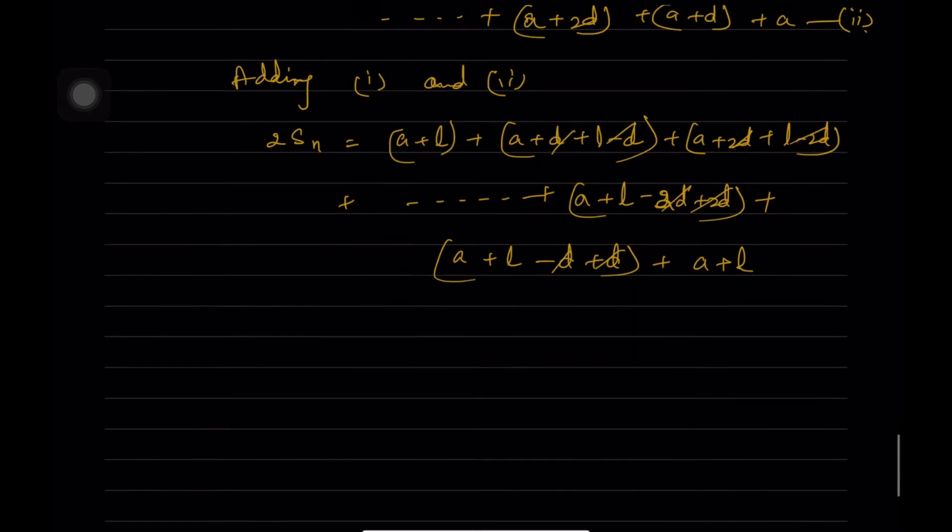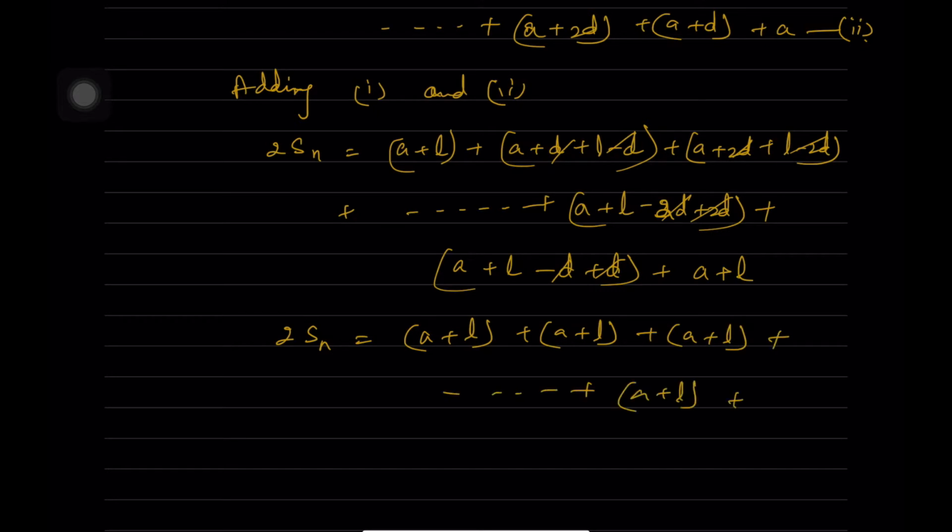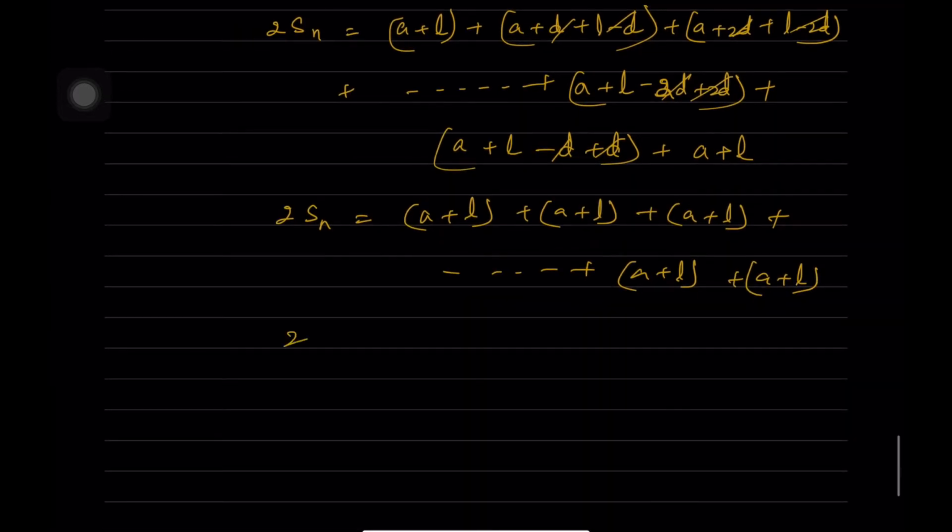So therefore you are getting 2Sn is equal to A plus L plus A plus L plus A plus L plus so on, plus A plus L plus A plus L. So this is how many times we are writing A plus L? 2Sn is equal to A plus L plus A plus L plus so on n times.